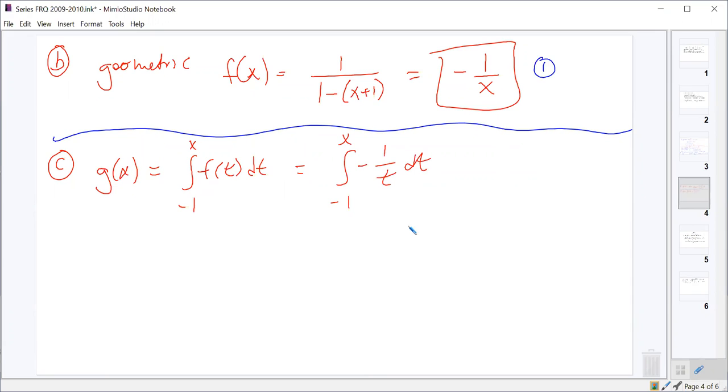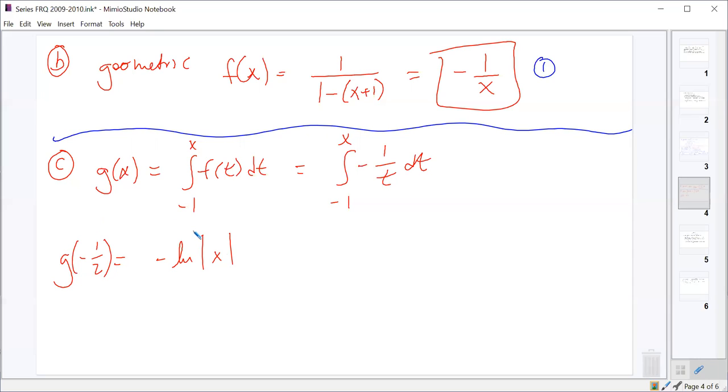And what's the integral of -1 over t dt? Should just be what? Negative natural log, exactly. So this just becomes negative natural log absolute value of x, and we are looking for g of, what was it, -1/2, is that right?